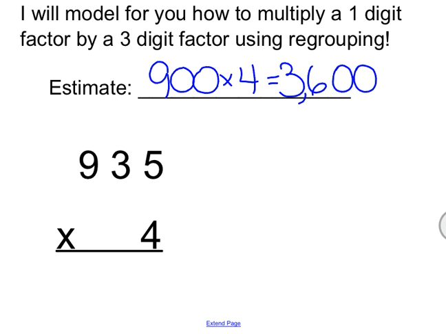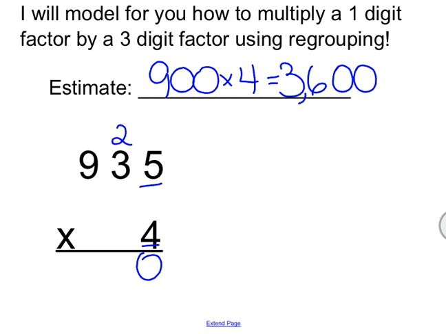So now I will begin multiplying using regrouping. Again, I start off at the ones place, and I notice I have 4 times 5. 4 times 5 is 20. So it's a 0, and I regroup the 2 in the tens place.